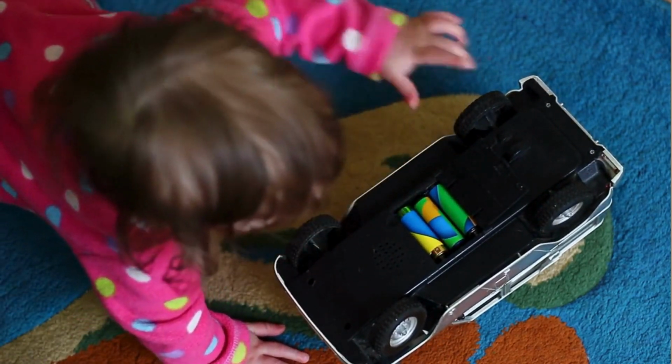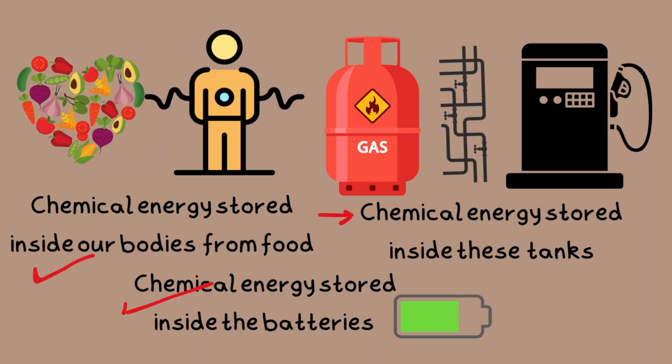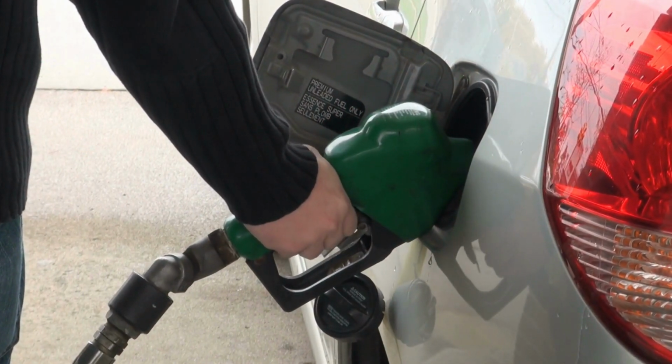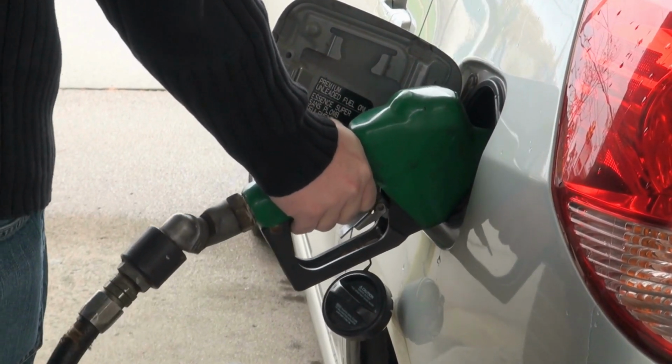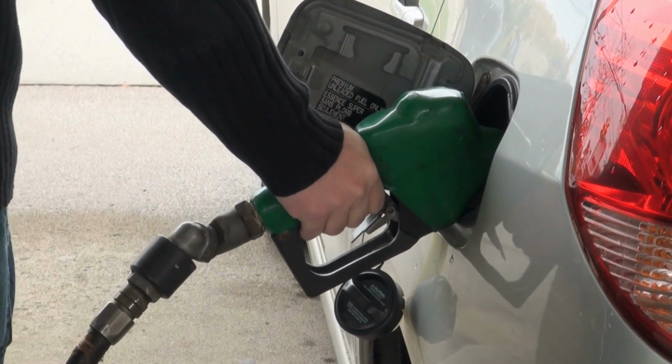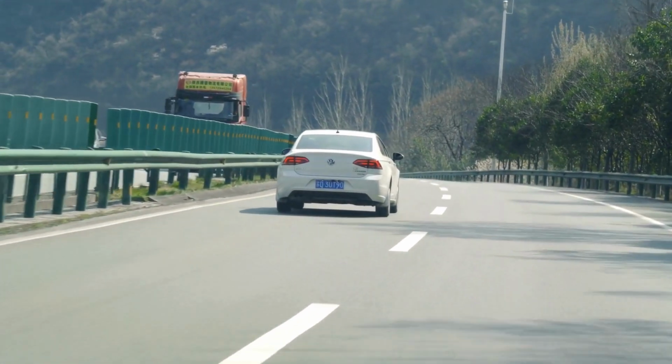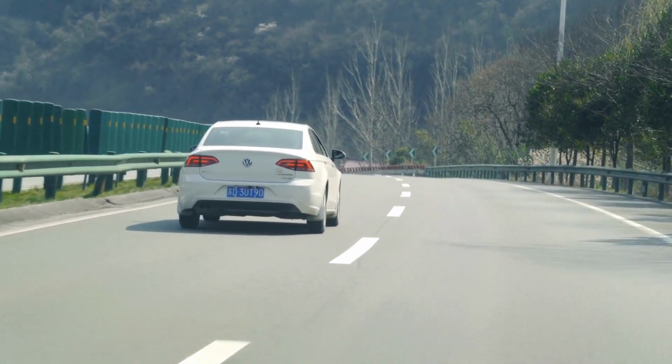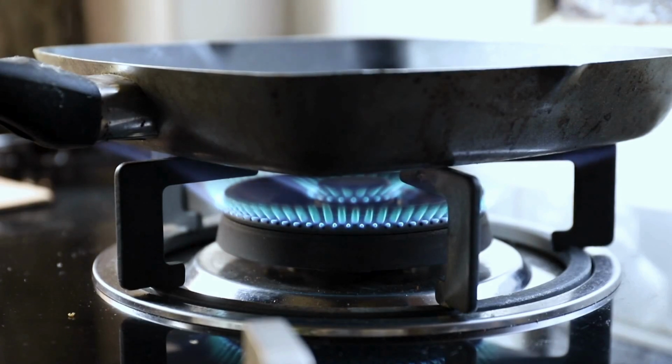Also, chemical potential energy is stored inside gasoline that we use to fuel cars. So gasoline has chemical potential energy that changes into kinetic energy, making the cars move. Also, in natural gas, there is chemical potential energy.